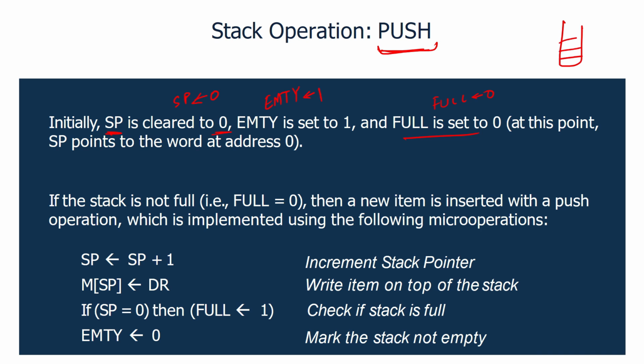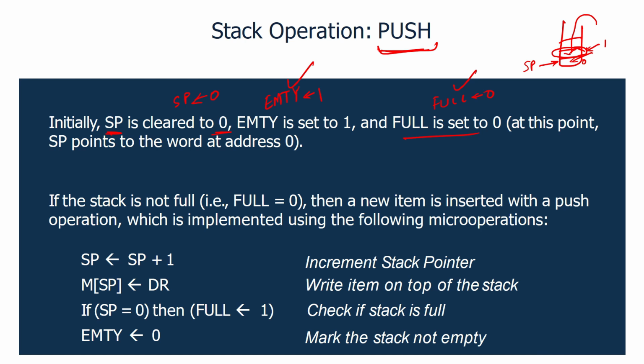When my stack is empty, empty will be 1 and full will be 0 and SP will be 0 because this is my initial location. So when I want to push, I will not push at this 0 location, but I will push at 1 location. So this 1 location is filled as the first element of the stack.